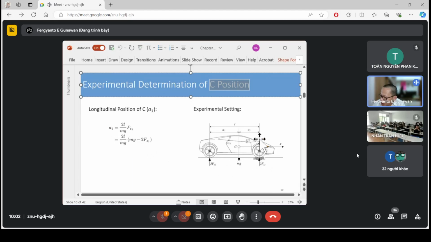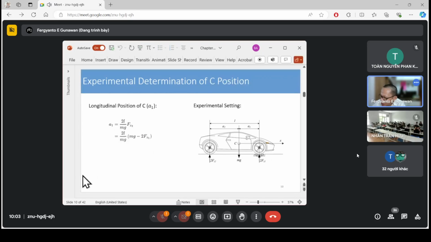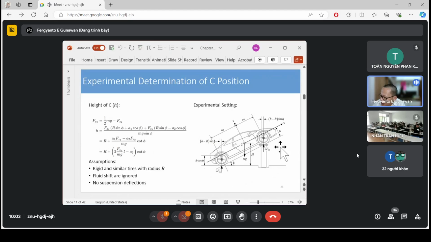So the location of the center of gravity can be obtained experimentally, right? That is the use of the previous equation. In addition, sometimes we also like to know the height of the center of gravity.